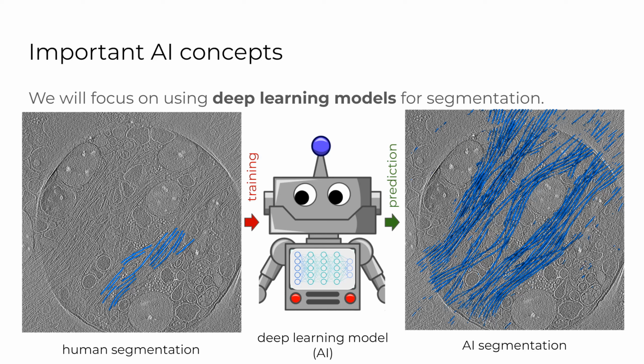Although in Avizo, to some extent you can do that, for today's workshop we're just going to focus on the tools that give us the models already. I'll talk more about that later. But this is the general idea: you have your data, you give some examples, and you ask the model to do the segmentation for you. And you can iterate the process. If you're not happy with the results, add more training or tweak some of the parameters.